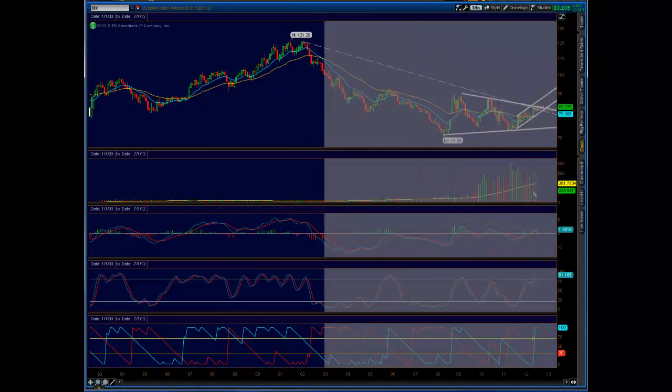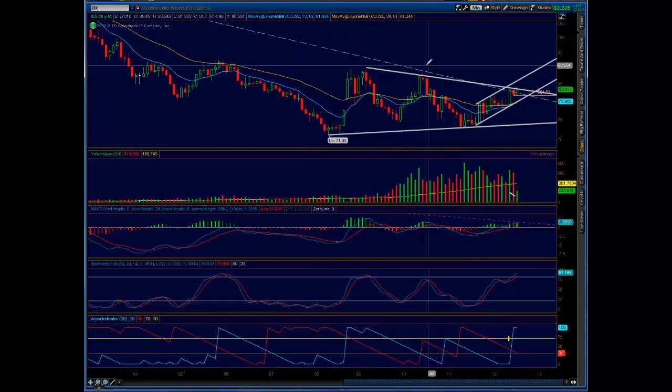But again, people are saying we're breaking this downtrend line, which we have, but I do believe that this is going to be a fake breakout. It is taking a little bit longer because this is a monthly chart.